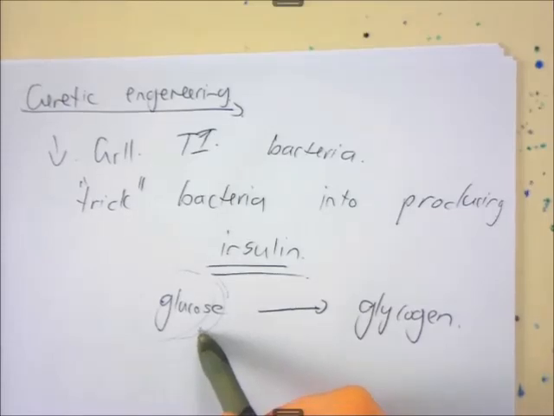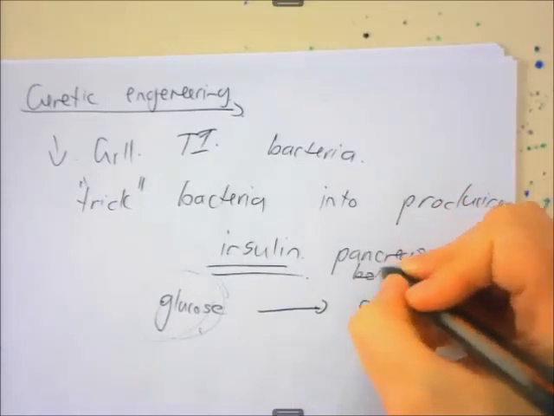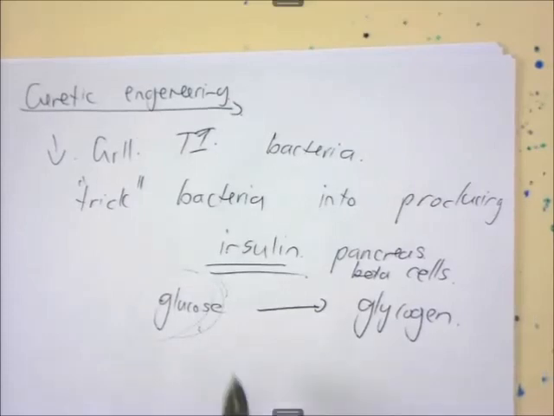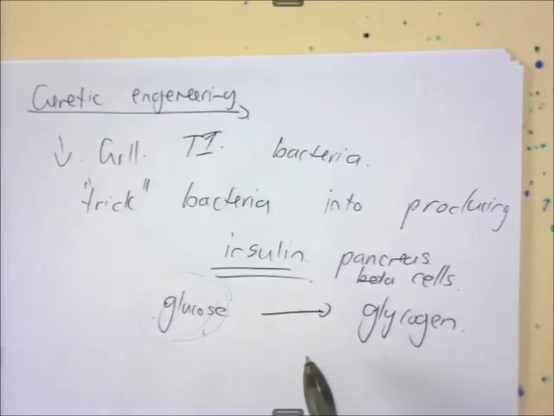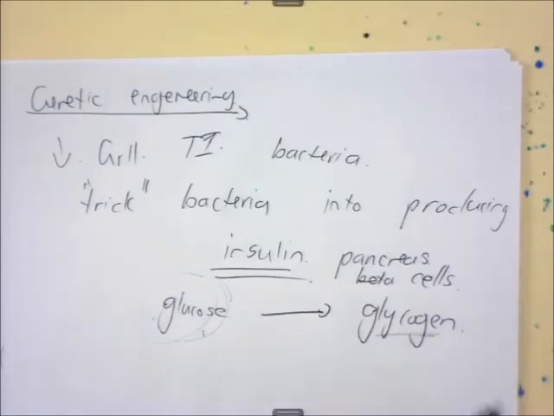So insulin is released from the pancreas, specifically the beta cells in the pancreas, and it promotes the conversion of glucose into glycogen, and insulin also promotes the uptake of glycogen into your liver and muscle cells so that it can be stored till later.